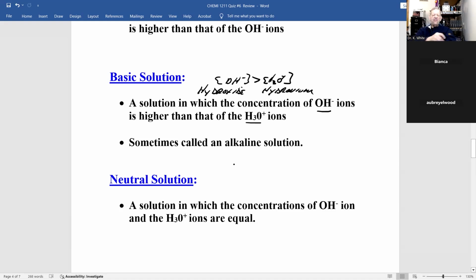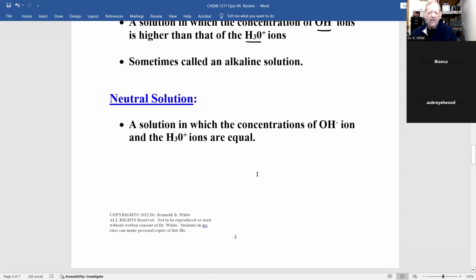And that's a basic solution. And a neutral solution is a solution in which the hydroxide ion concentration is equal to the hydronium ion concentration. And that's called a neutral solution.